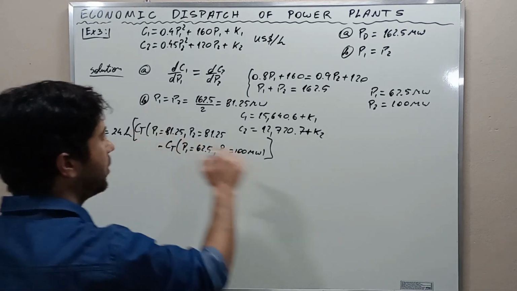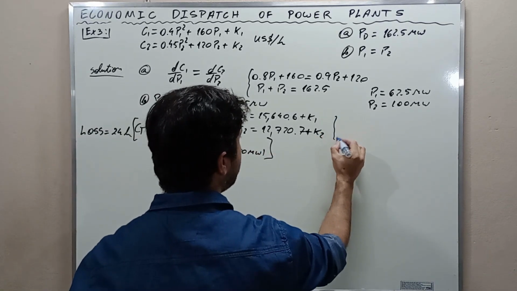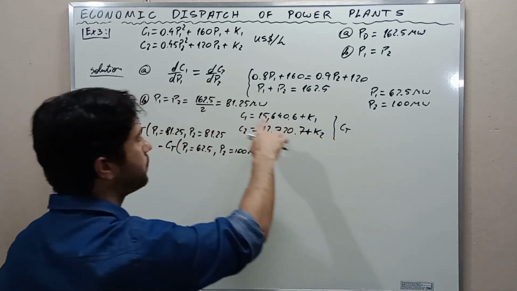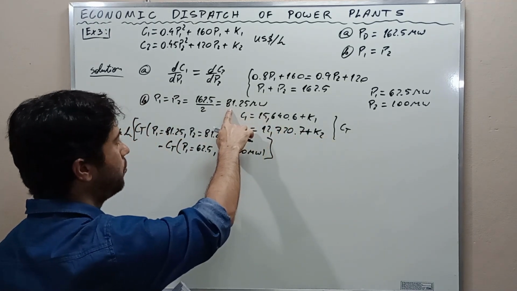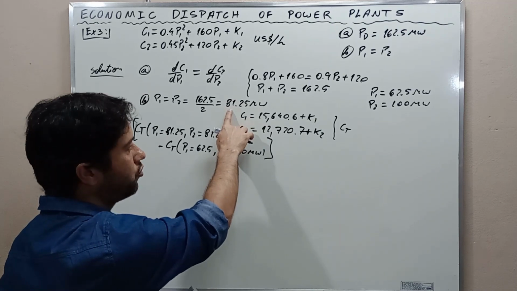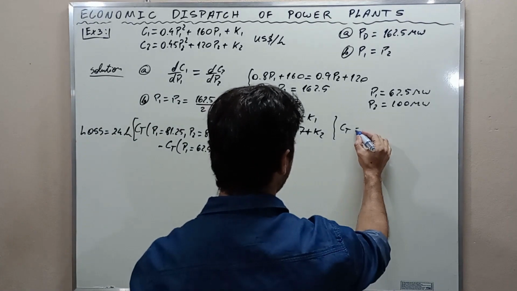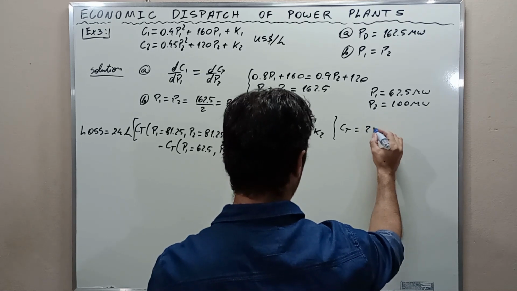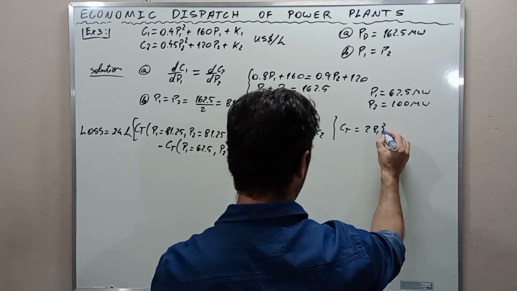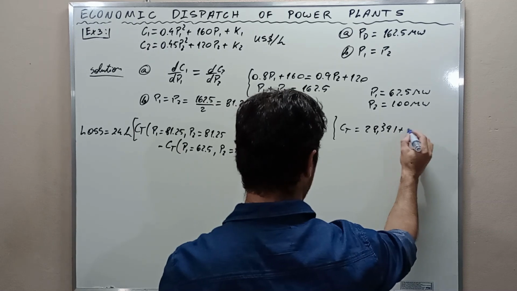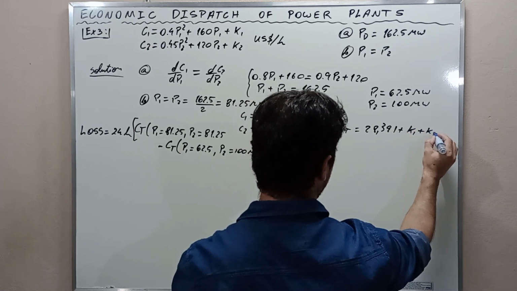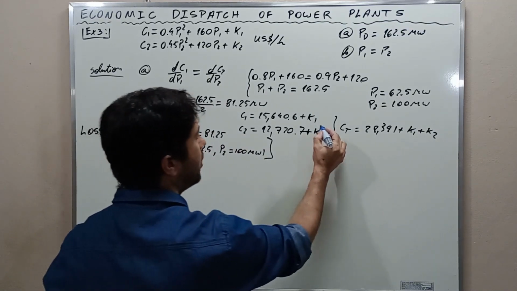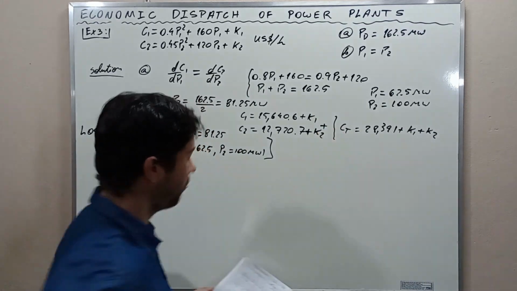See, this one here is this. CT when P1 and P2 are 81.25 is equal to 28,391 plus K1 plus K2. You simply sum them and you find this.